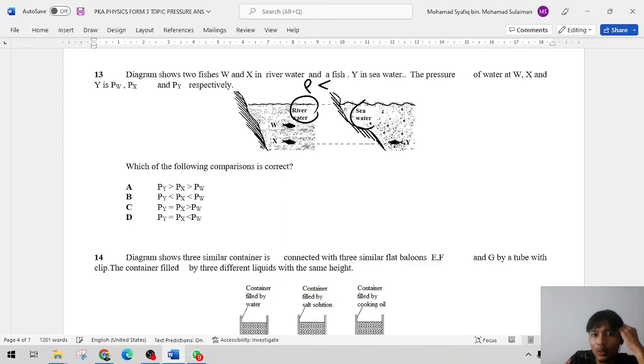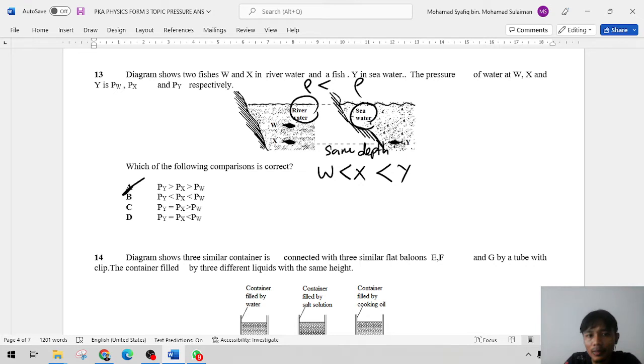Okay, so between W and X, which is higher pressure? Between X and Y, because X and Y have the same depth but different density, Y is in the higher density liquid, seawater, so pressure at Y is bigger. So the answer is A.